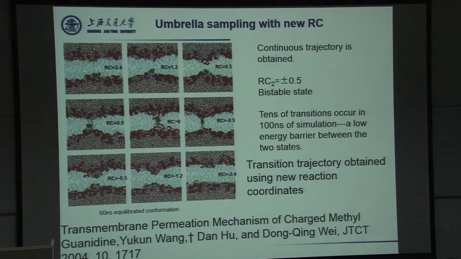We see that with the help of a water pore, a water chain, if you like. And it goes to the other side. You see a whole picture of the ion crossing the membrane for the first time. It has never been achieved. So without this coordinate, the sampling, for example at this state, is almost impossible. There's no sampling.